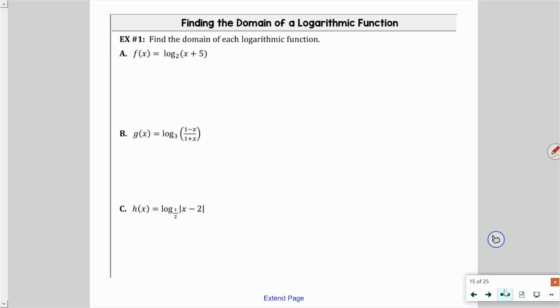If you want to check the first one with a sketch, you can, but no graphing calculator.